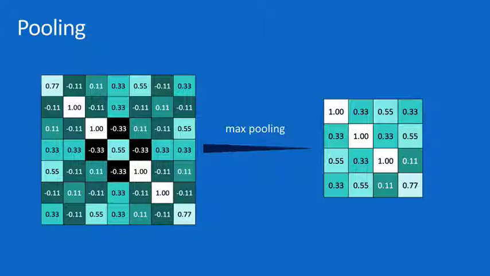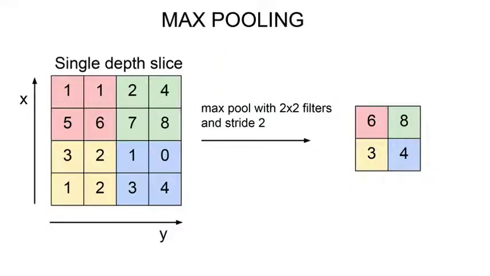Okay, and so max pooling is the following idea. Here's another example. You have an input image and you have a pooling window of 2 by 2 and a stride of 2. This is what the output would look like.